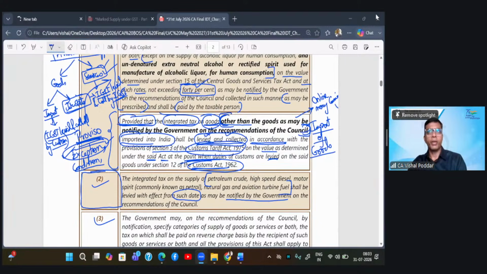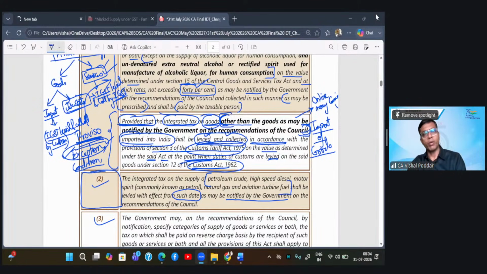So let us say the online gaming company is a foreign entity, not an Indian entity, and you are playing that game, participating in some bet, putting some money on stake. Now this becomes a specified actionable claim. Actionable claims are goods, so it will become goods.